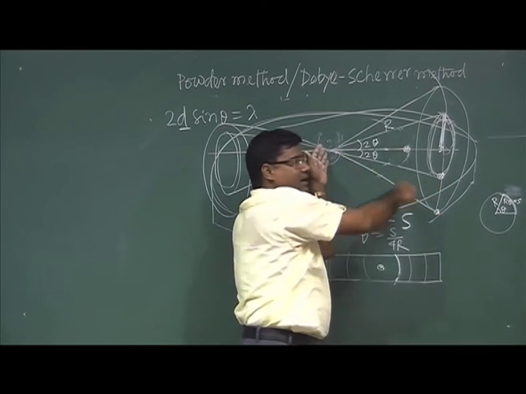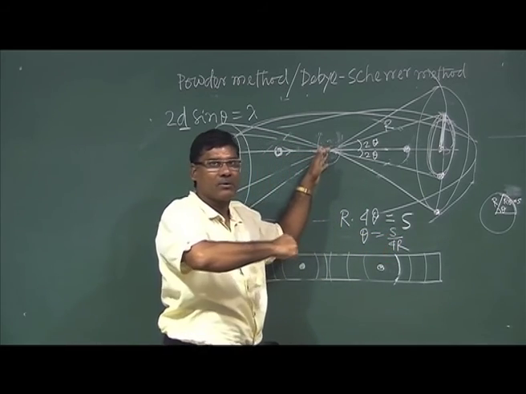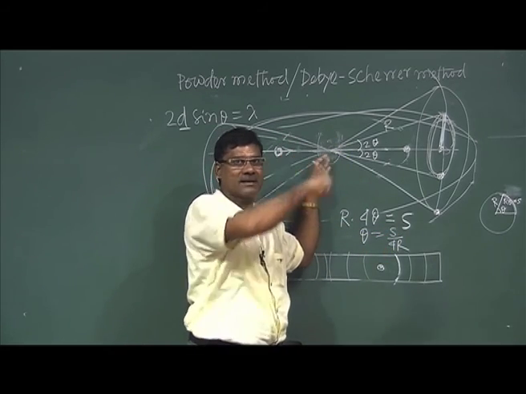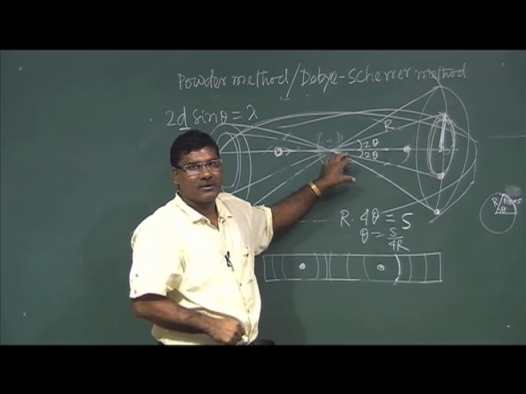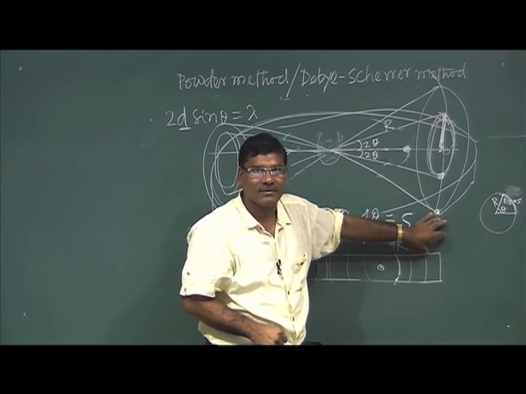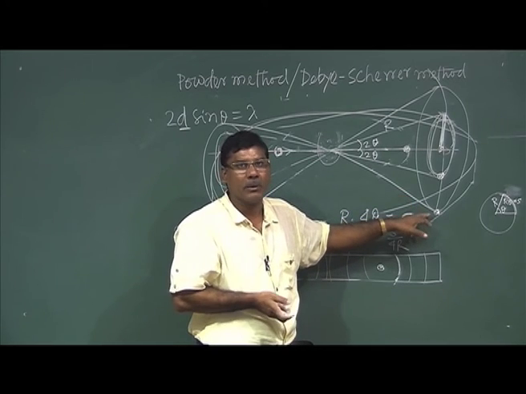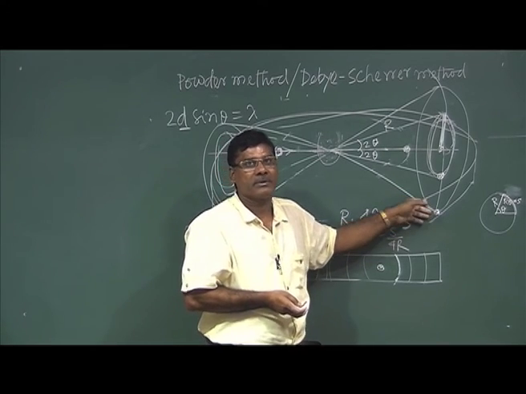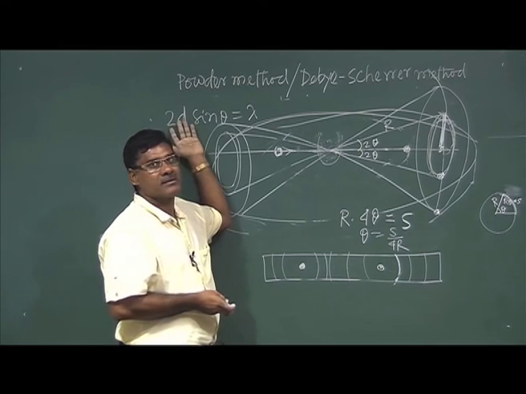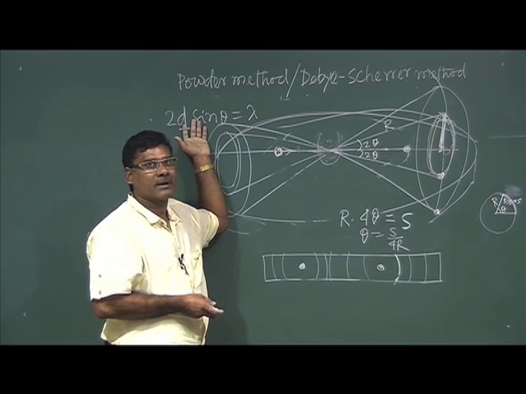One has to calibrate and note down this angle variation, at which angle each peak is found. So experimentally we will know. Then from here we can find which plane it is.